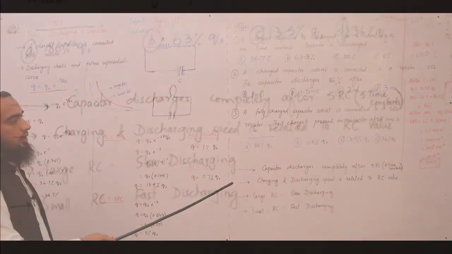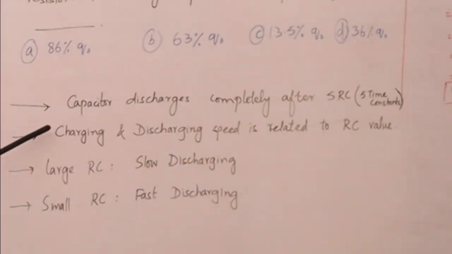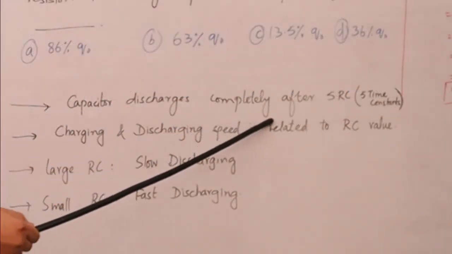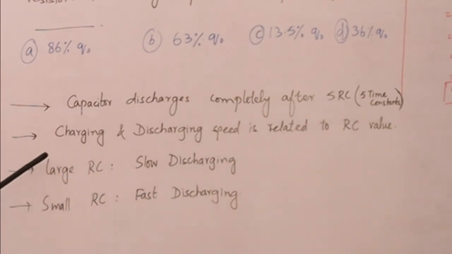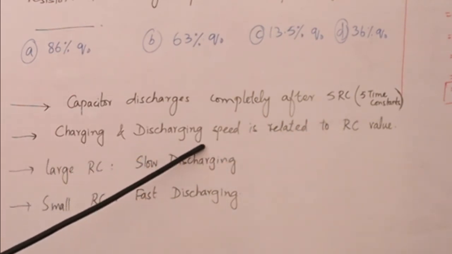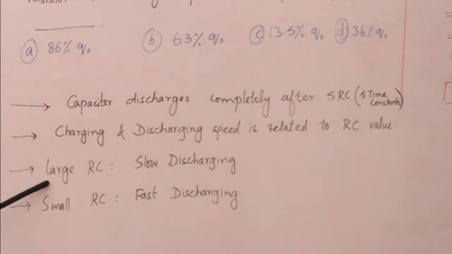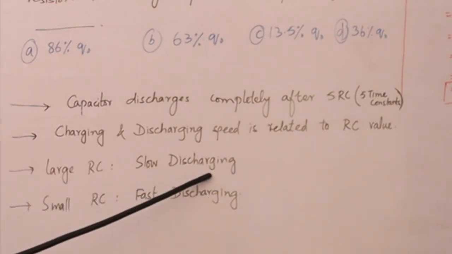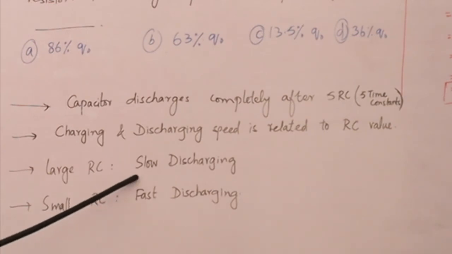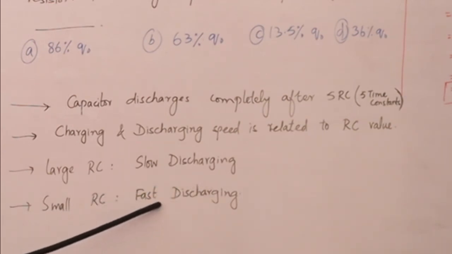Okay, these are some points you must keep in mind. The capacitor discharges completely after 5 time constants. We have discussed it. Charging and discharging speed is related to the RC value, the time constant value. Large RC means slow charging and slow discharging. Small RC means fast discharging.